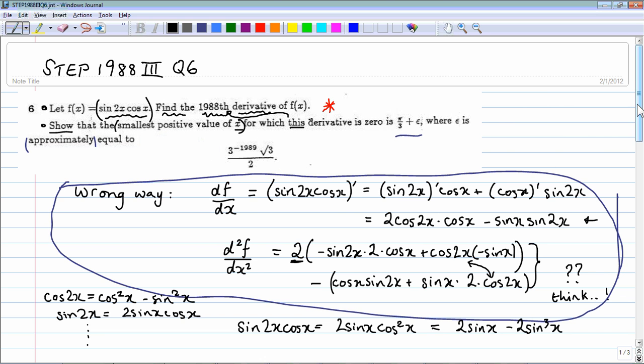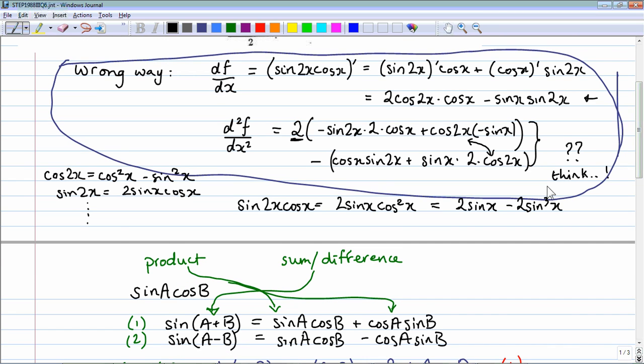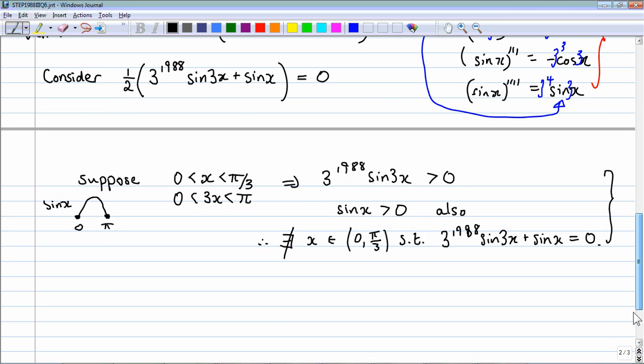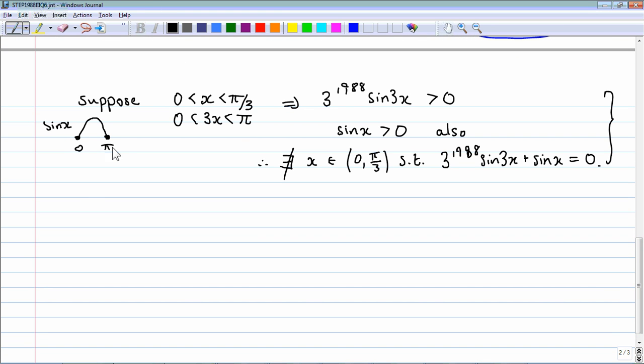So this step is in my opinion maybe less difficult than the first part of the question, because they tell us exactly what to do. They tell us to set x equal to pi over 3 plus epsilon. Oops, that's e, not epsilon. And so because we're finding an approximate answer, we're being given a big clue.